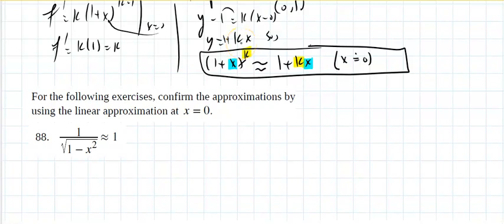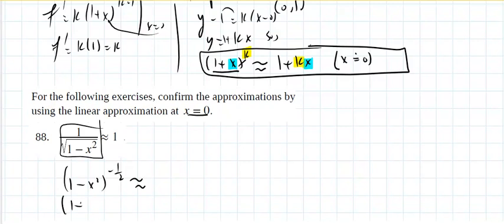And here's a use of it. If we want to figure out what this is roughly around 0, I could say that is 1 minus x squared to the negative 1/2. It's not matching. It has to be 1 plus. So I'm going to say that's 1 plus a negative x squared raised to the negative 1/2. What's taking the place of x?